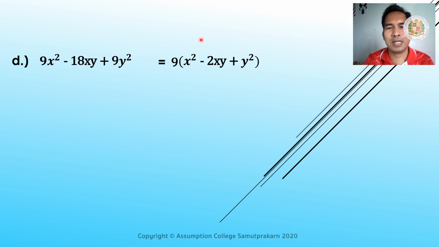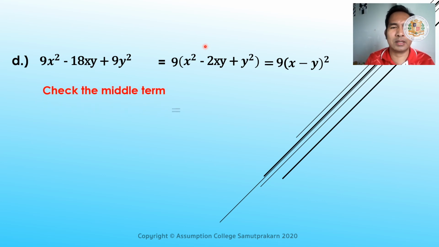But remember, the second term is minus. So therefore, 9 times the quantity (x - y) squared. Now, we will check the middle term. Again, you check the middle term here because we already factored out 9.